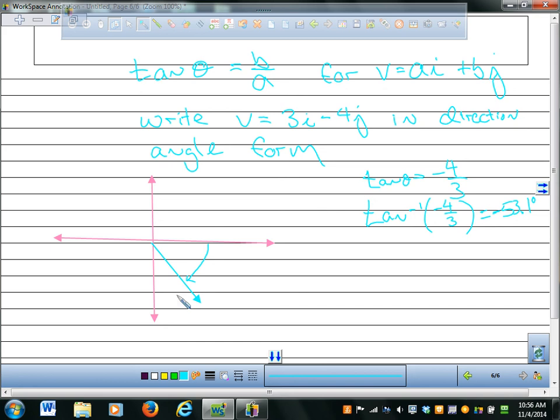But I'm not allowed to call that, because the direction angle is always an angle between 0 and 360. So what do I call that angle instead? So theta is equal to 360 minus 53.1 degrees, which is equal to... 306.9 degrees.